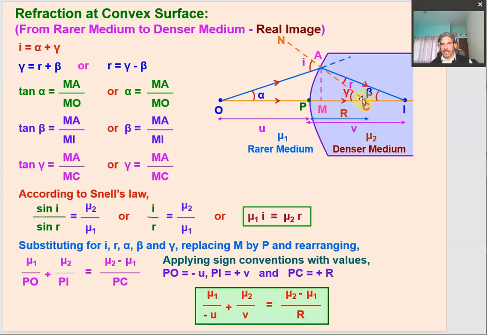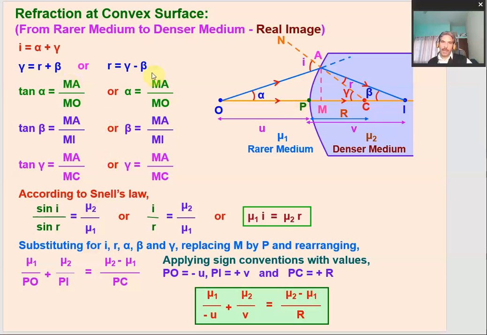And the angle made by this normal with the principal axis, we are calling it gamma. We are drawing a perpendicular from this point A on the principal axis, which meets at point M. So AM is the perpendicular. All other notations you already know. Now we proceed.